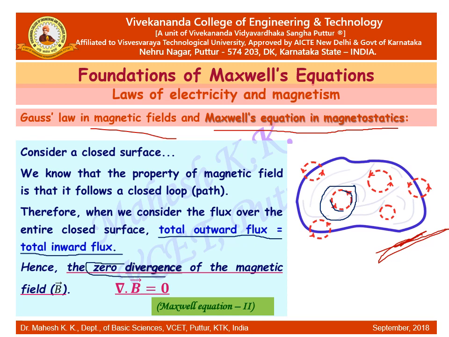Mathematically, that means divergence of B, where B is the magnetic field. Divergence of B, that is del dot B vector, is equal to 0, which is another Maxwell equation, Maxwell equation 2.